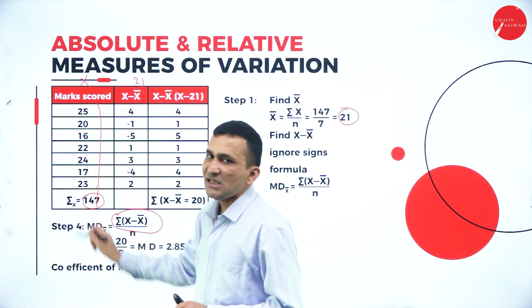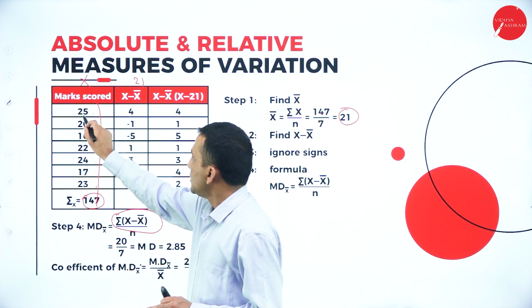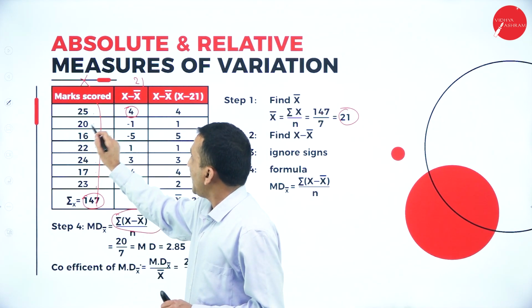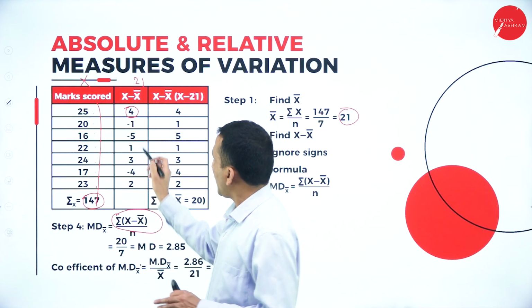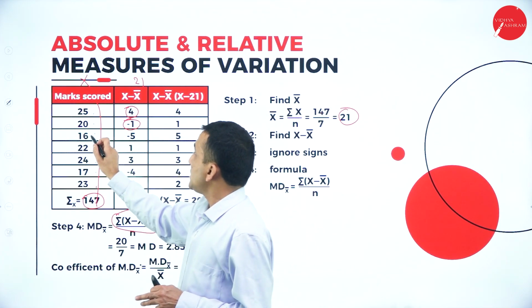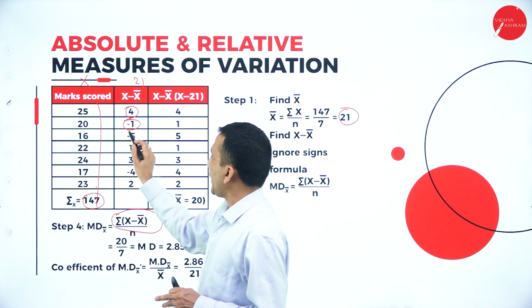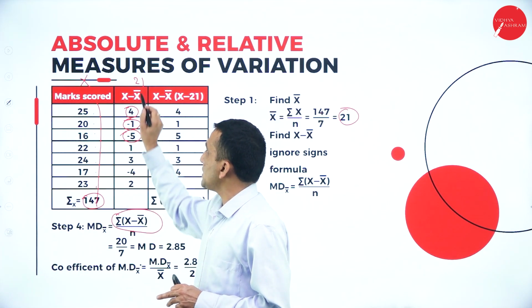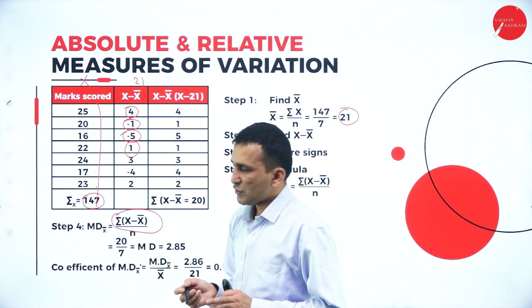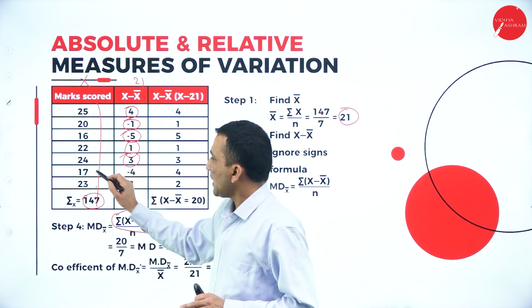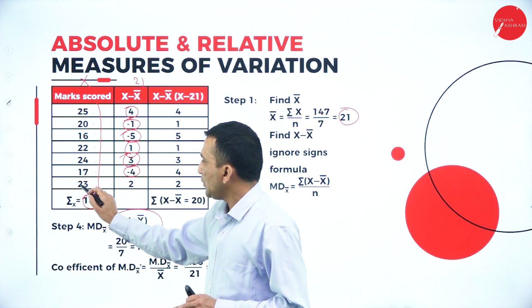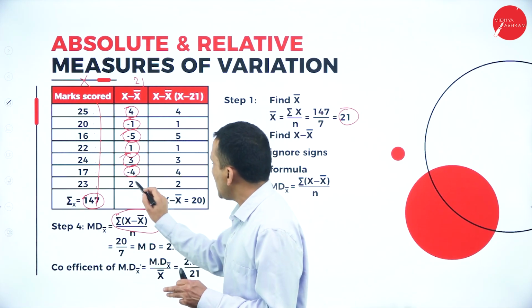Now from the X series we do the subtraction. 25 minus 21, you are getting 4. 20 minus 21, you are getting minus 1, because I am explaining step by step. 16 minus 21, you are getting minus 5. 22 minus 21, you are getting 1. 24 minus 21, you are getting plus 4. 17 minus 21, you are getting minus 4. Last one, 23 minus 21, there is a plus sign.